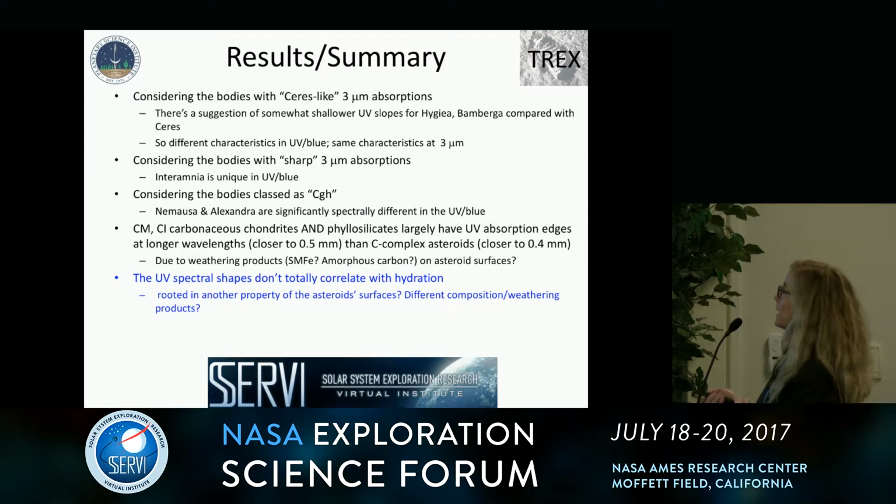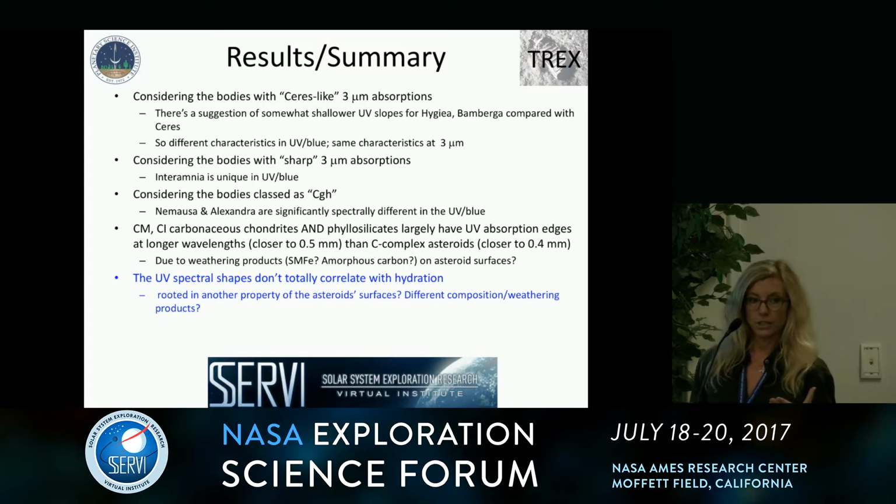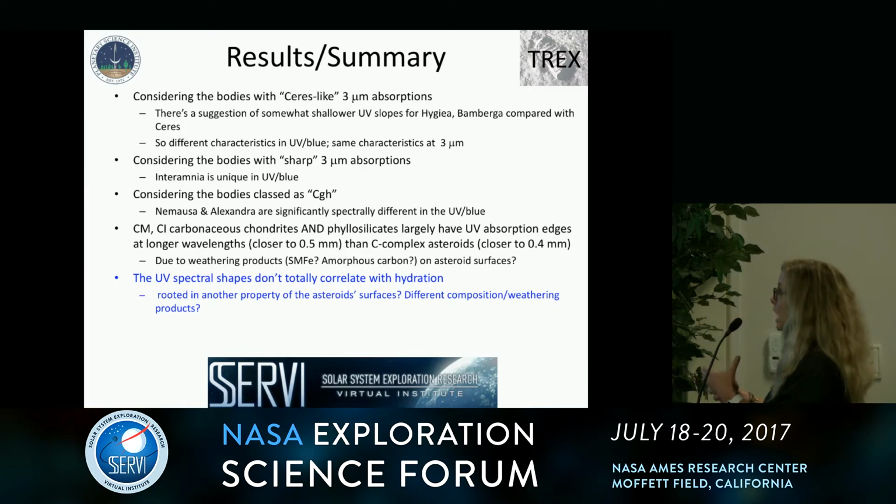So to summarize, we are looking at these C-complex asteroids, getting as far into the UV as we can. We're comparing and considering what the 3-micron absorptions are like. For the Ceres-like absorption, there's a suggestion that Hygeia and Bamberga have shallower slopes than Ceres.